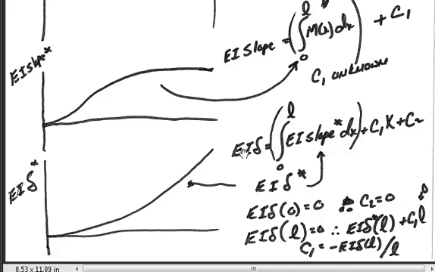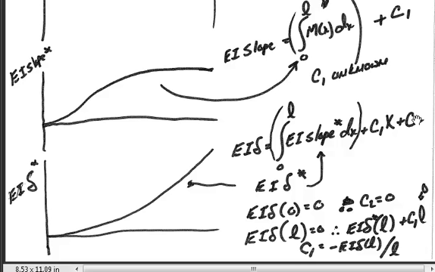The true EI delta is this EI delta star, the integral of the incomplete slope curve, plus the integral of the C1, which gives us a C1x term, and we get a new constant of integration, C2, which is unknown. But now we know enough about the system to apply boundary conditions and solve for those unknowns, C1 and C2.